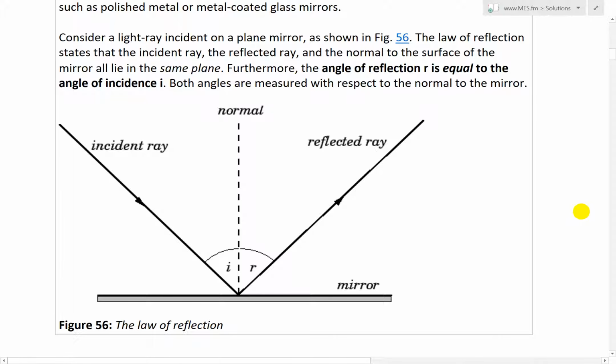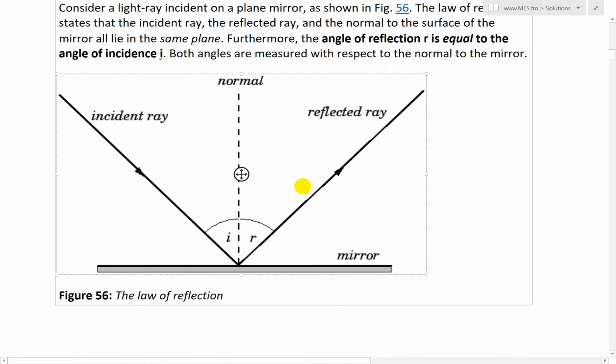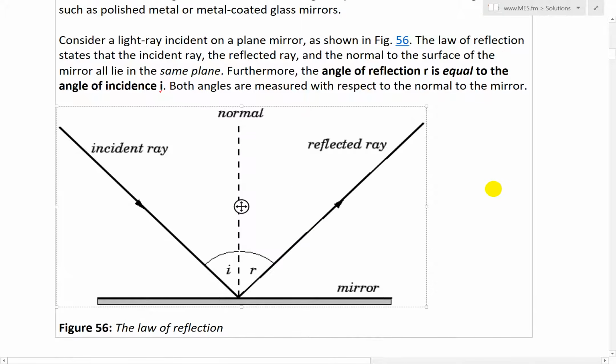The law of reflection states that the incident ray, the reflected ray, so here's the light ray and the reflected one, and the normal to the surface of the mirror, here's the normal, just a perpendicular line to this mirror, all lie on the same plane. Just look at it in 2D, so this is all on that same horizontal plane.